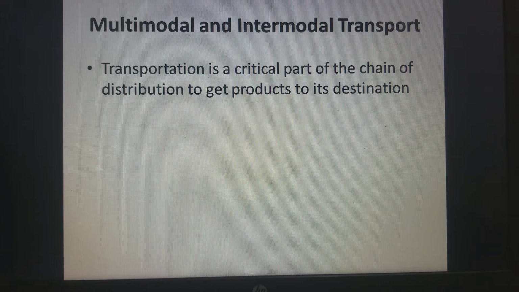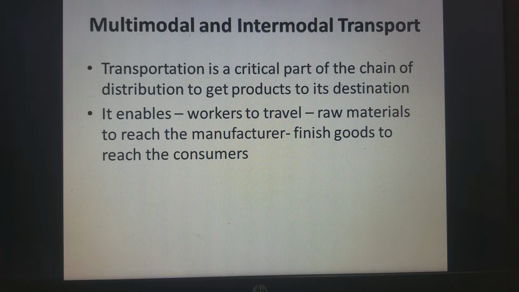Isn't that right? Indeed. It enables workers to travel, enables raw materials to reach the manufacturer, and enables finished goods to reach the consumer.